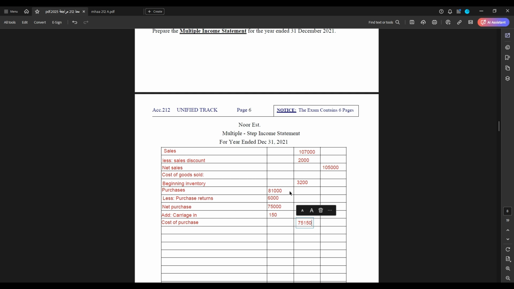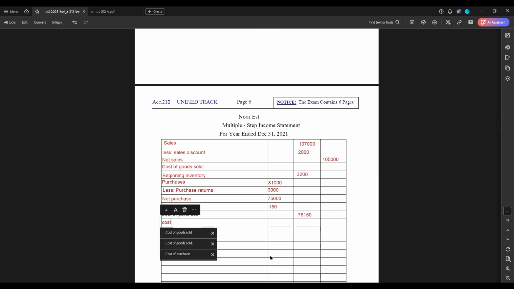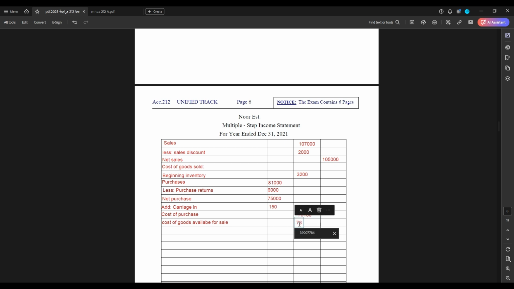Next step, we will add beginning inventory and cost of purchase to calculate the cost of goods available for sale. 3,200 plus 75,150 will equal 78,350 cost of goods available for sale.